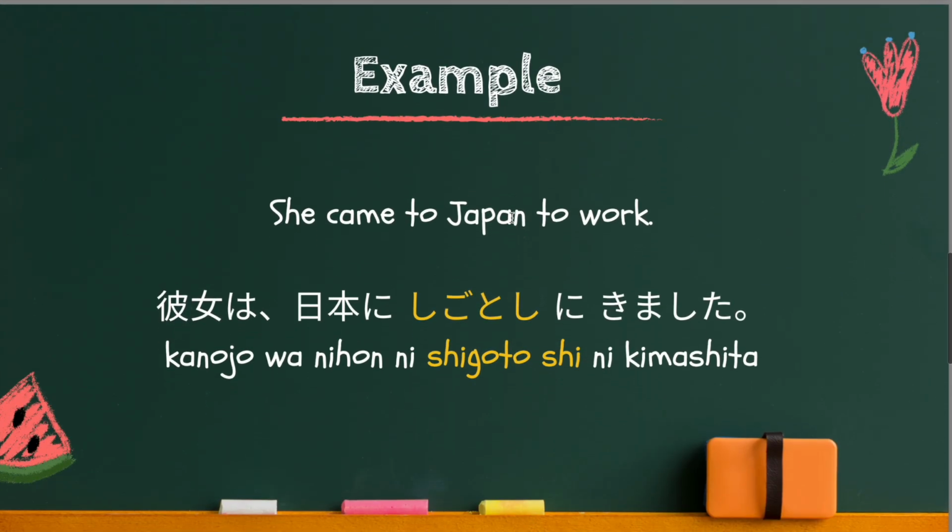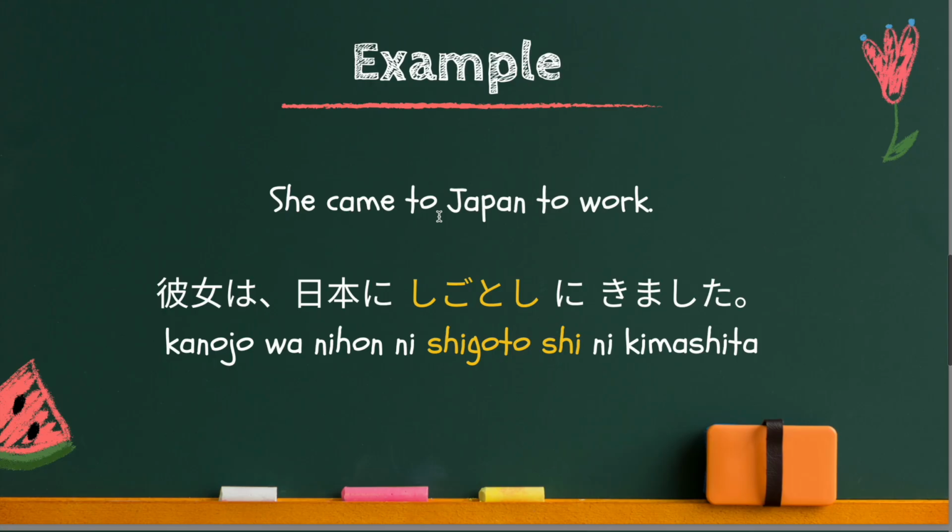Another example. She came to Japan to work. This time the verb is to come. So it's like this. 彼女は日本に仕事しに来ました。The destination is Japan. Therefore, 日本 then ni particle.